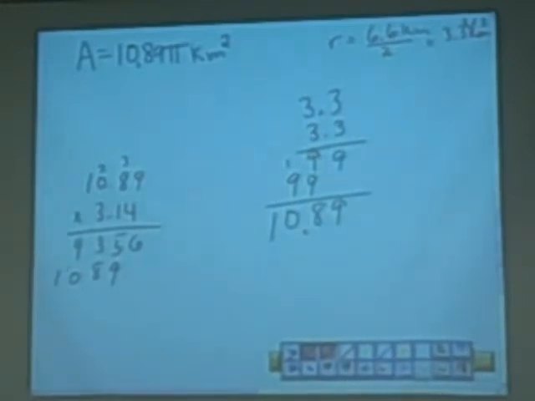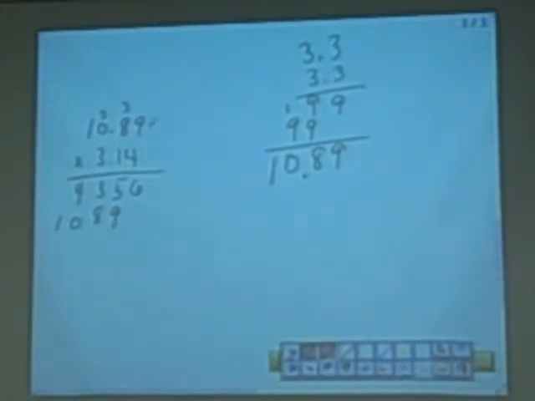And then we have 3 times 9, that's going to be 27. And that'll be, bring up the 2. 8 times 3 is 24. And 2 more is 26. And that'll be a 2. 3 times 1 is 3. So that'll be 6. 5 and 9 is 14.